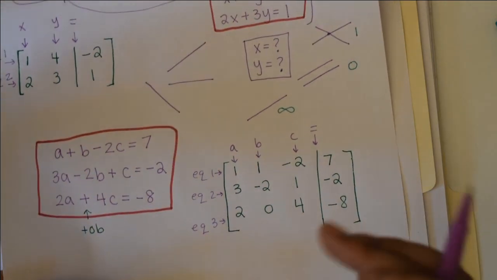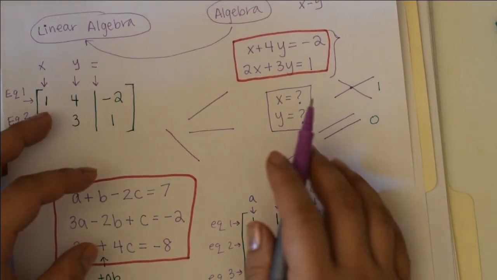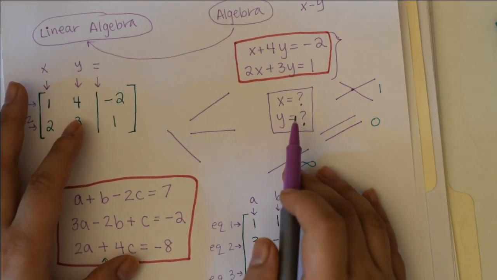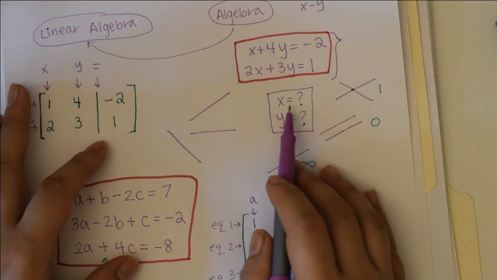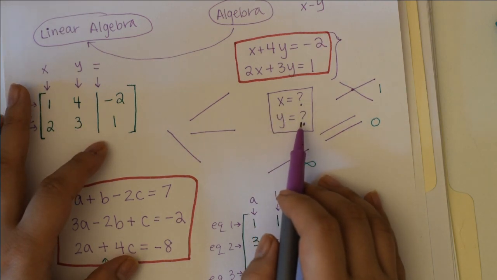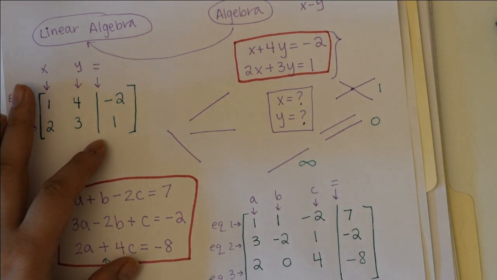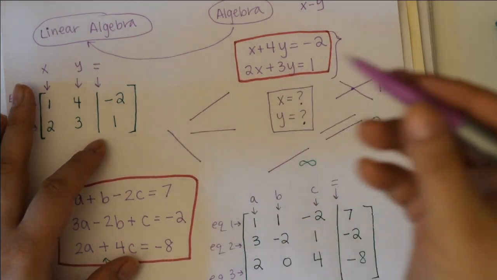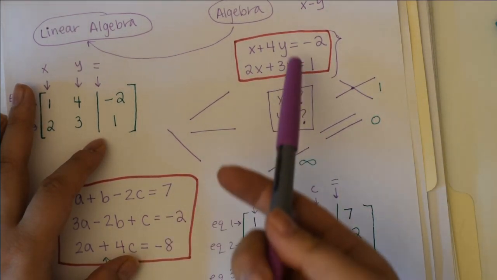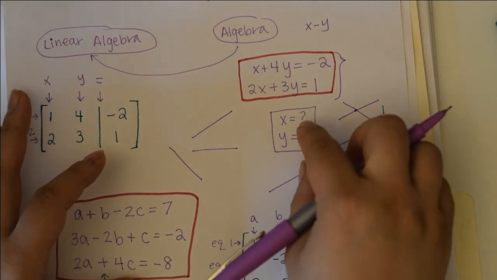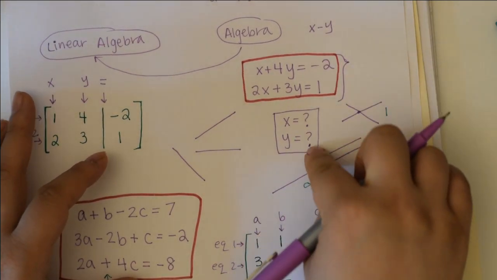But our goal, remember, is to solve. So we want to know what x value and what y value, specifically what answer. Our answer should be numbers, right? I don't know, negative 2 and 0, if that works. In this case it doesn't work, but we should have an exact value.